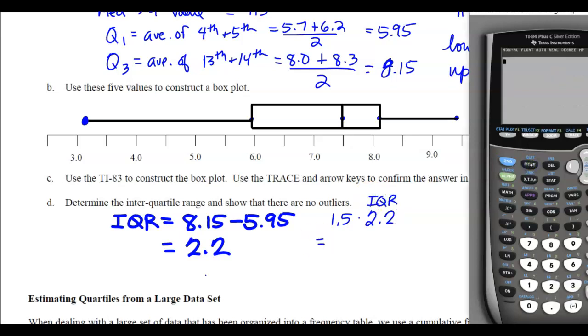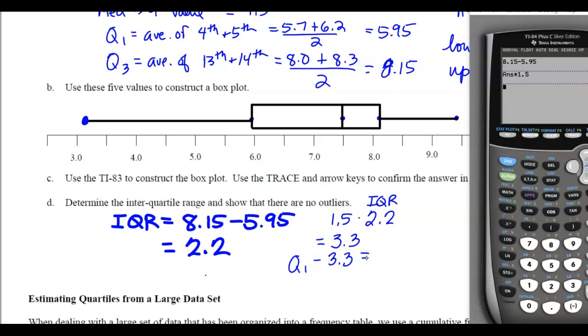So if you do it here, you might do this all in one step: 8.15 minus 5.95. Okay. Multiply by 1.5. That's 3.3.